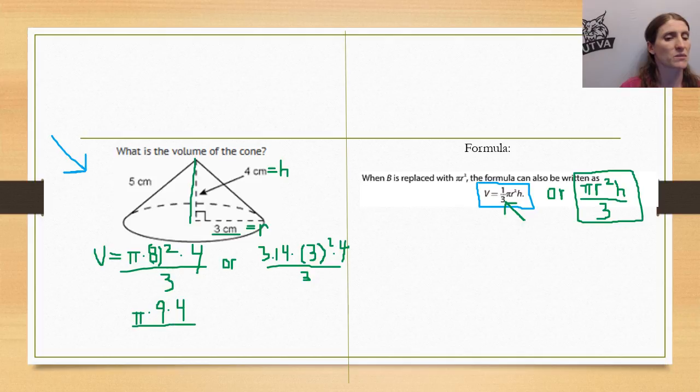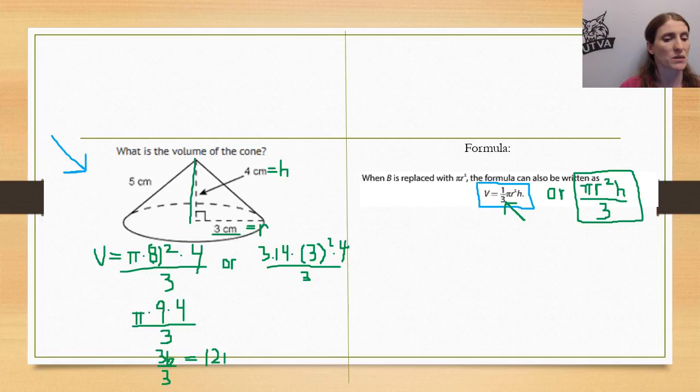And so then when I combine the 9 and the 4, 9 times 4 is 36, so I get 36, and I'm going to leave the pi there for just a second, divided by 3. And when I do that, 36 divided by 3 is 12, and so this equals 12 pi.